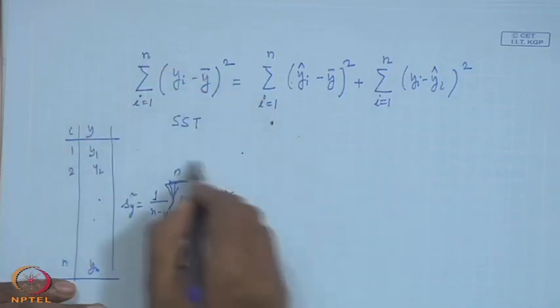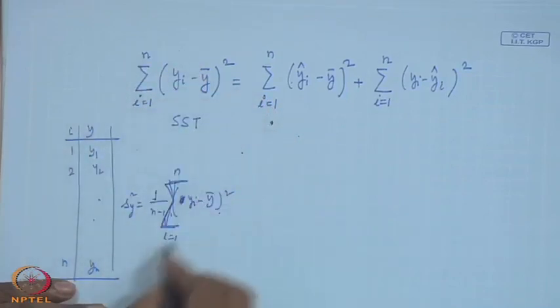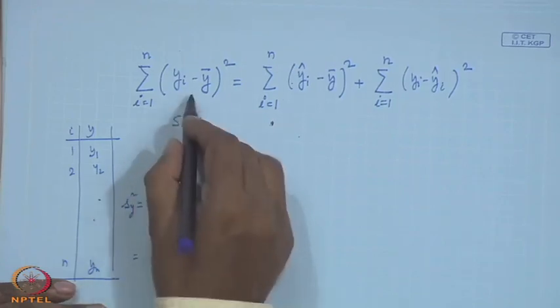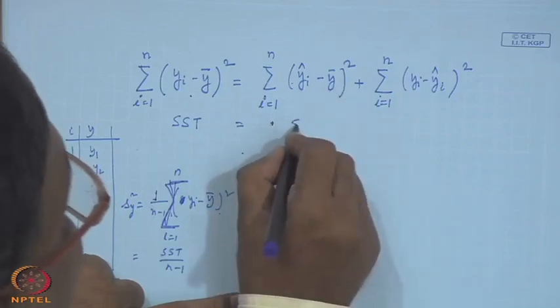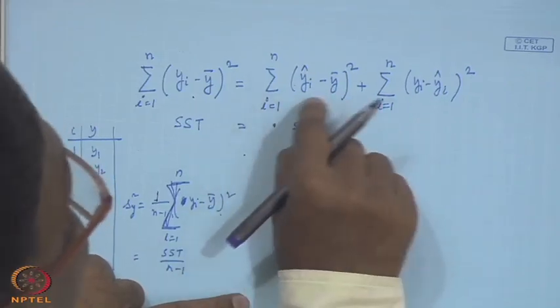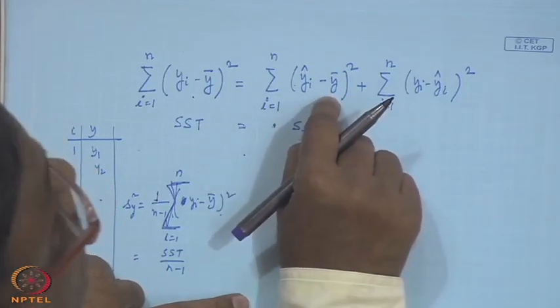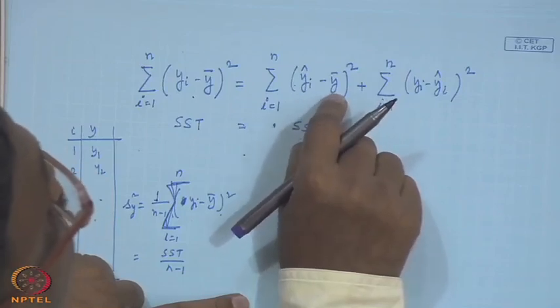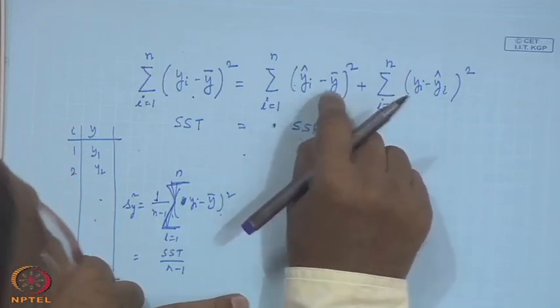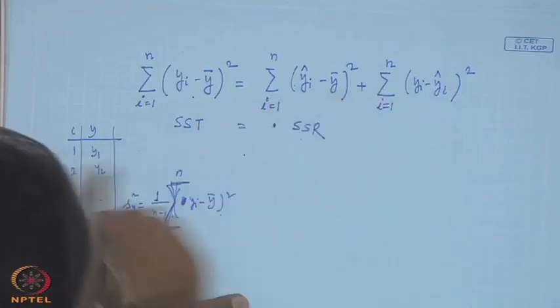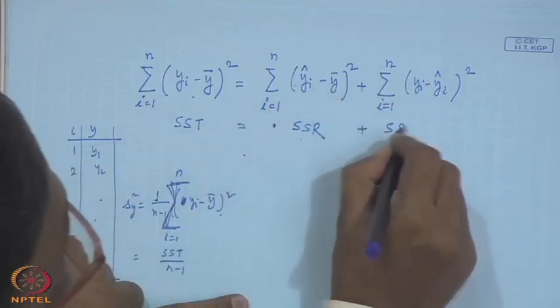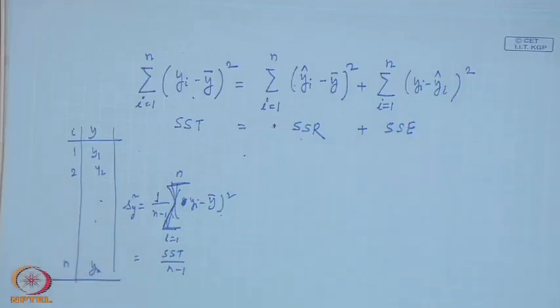This quantity, sum of yi minus y bar square, is SST, so the variance is SST by n minus 1. Similarly, this one will be SSR, because this is the amount explained by the regression. Then this other quantity is not explained by the regression.